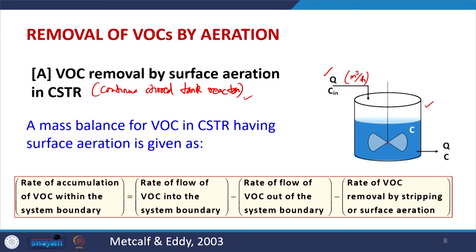So, this is desirable, and as soon as the water mixes into this liquid stream, its concentration will change to the concentration which is there inside this reactor, and from there the same flow rate is coming out, but it will have this concentration C. We should design in such a manner that this C is up to the standard prescribed by CPCB, and at that condition we have to find out what the volume of this reactor should be.